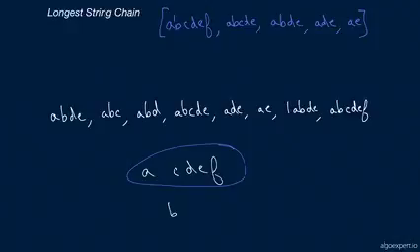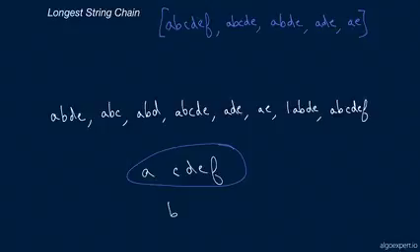So this is when you start to realize that the key to cracking this particular question is to realize that every single string in the array has a longest string chain where that particular string is the largest string.